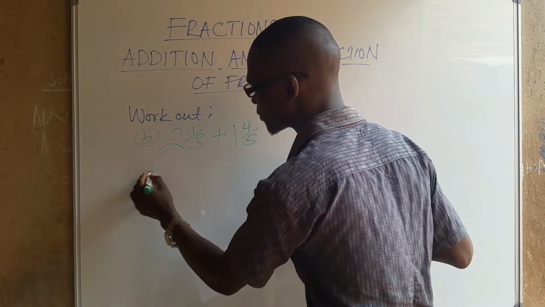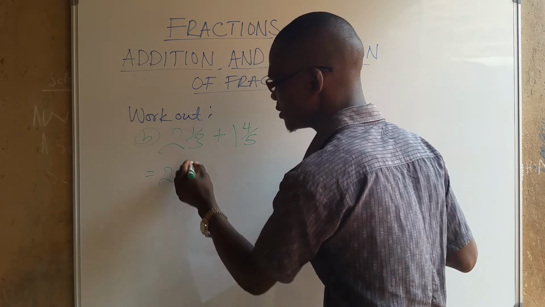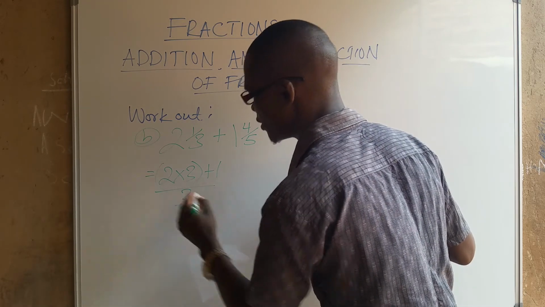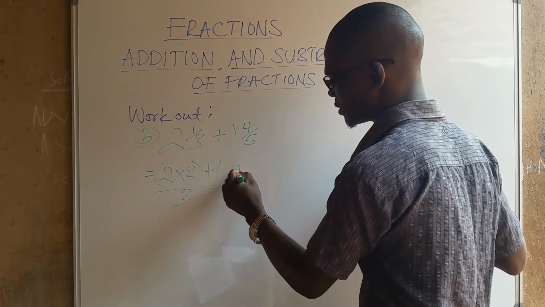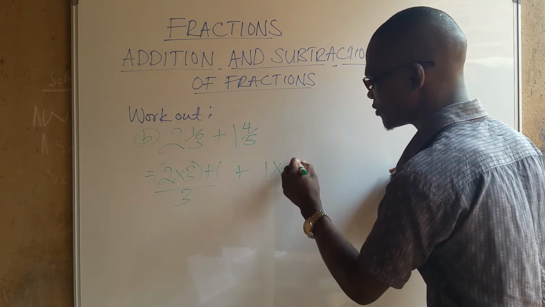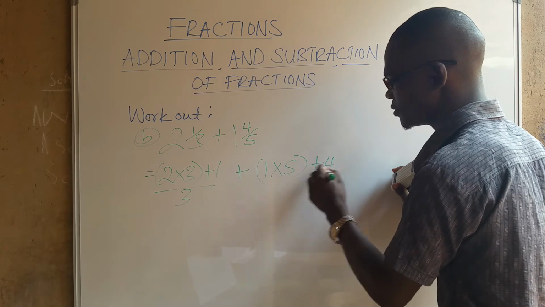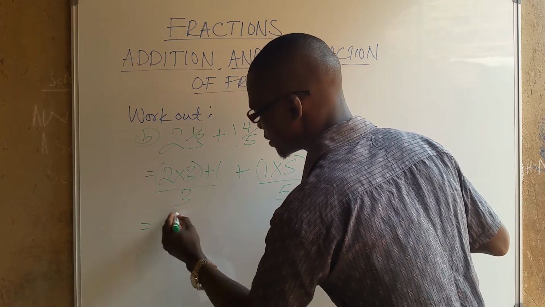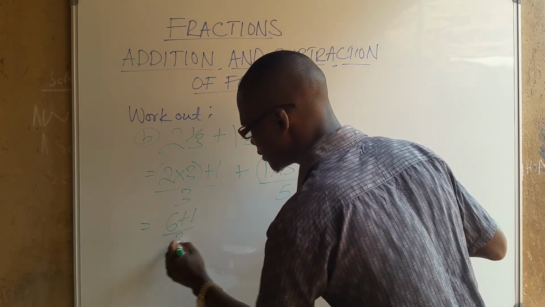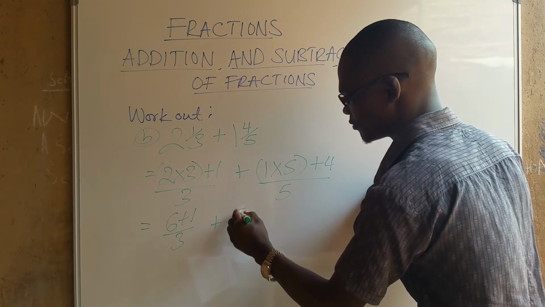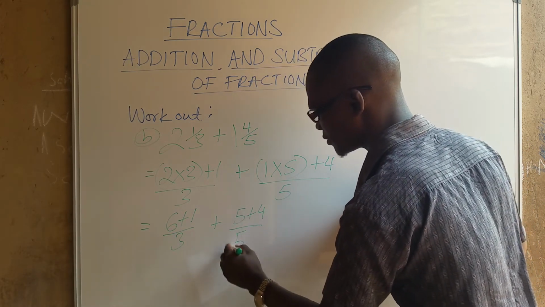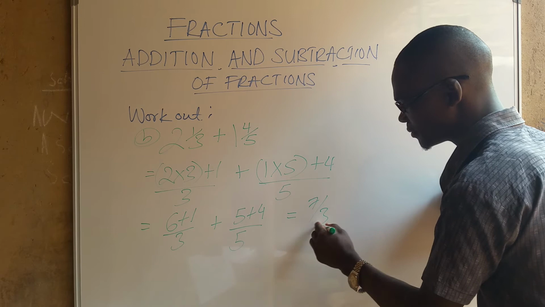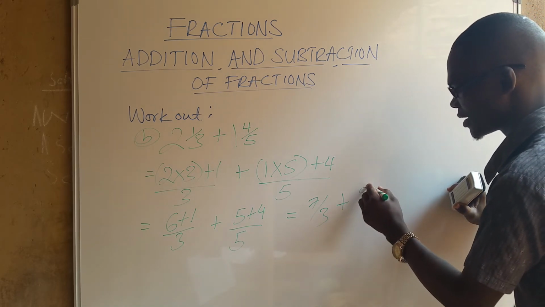That is to say, 2 times 3 plus the numerator 1 over our denominator 3, plus 1 times 5 plus 4 over 5, giving us 6 plus 1 over 3 plus 5 plus 4 over 5, which gives us 7 over 3 plus 9 over 5.